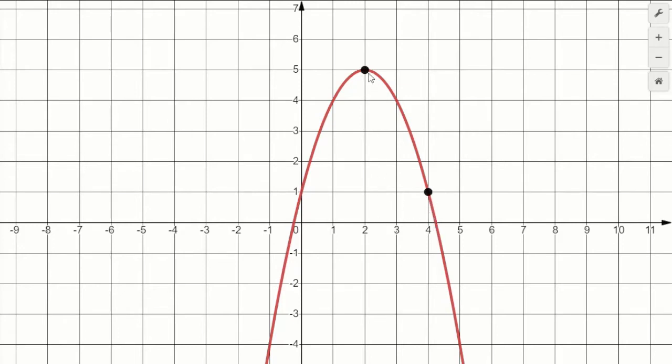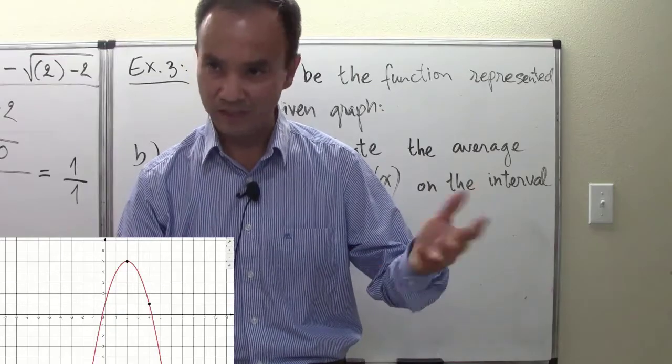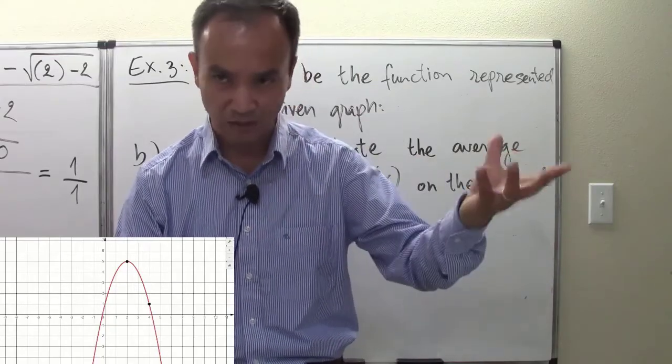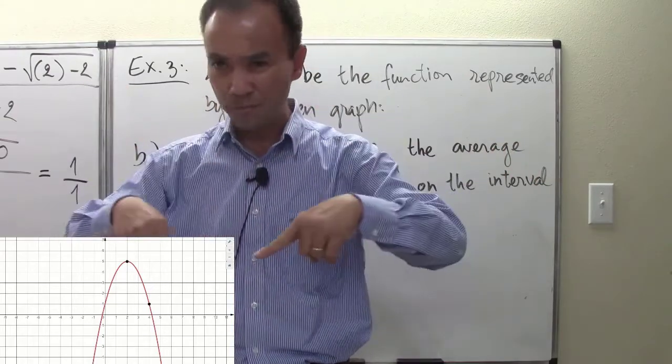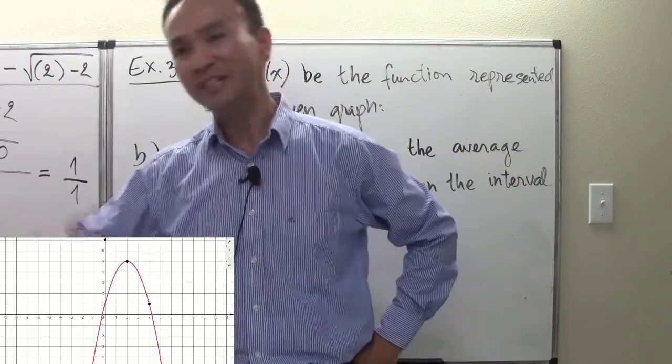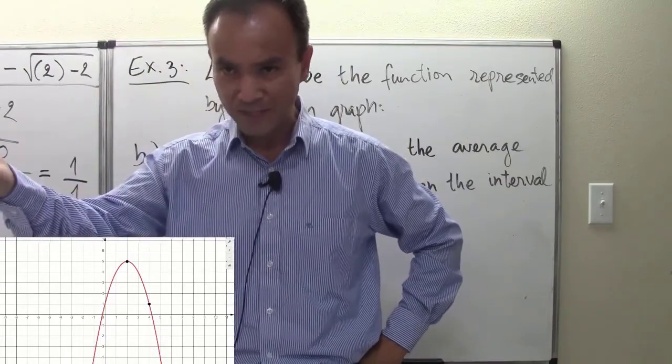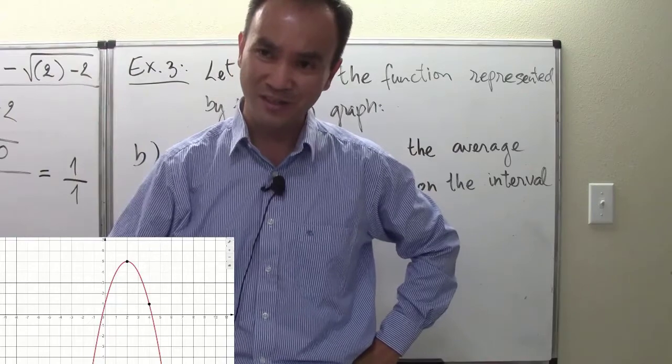We are lucky that we have software, but without software, it's all about estimating. If you're given just an actual printed picture from a textbook, the best thing we can do is look through the picture, estimate and use the grids.